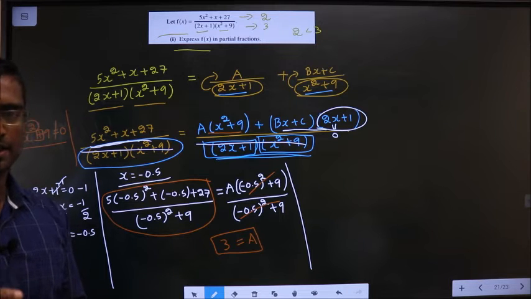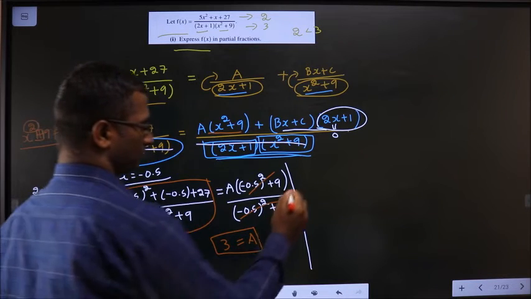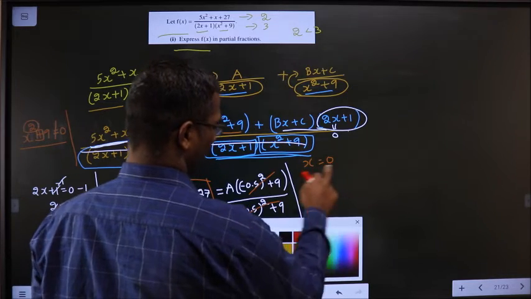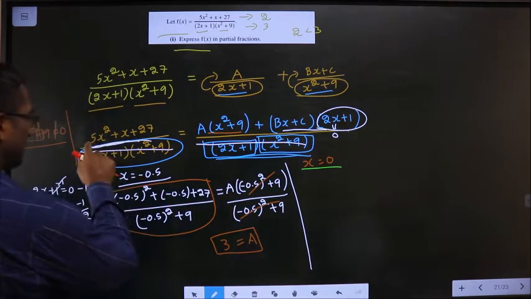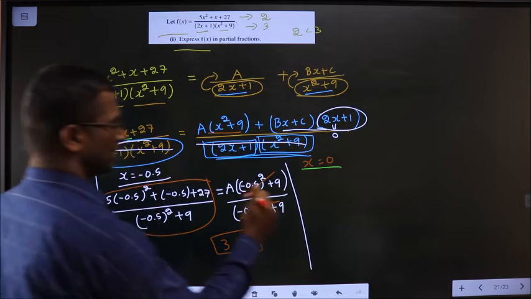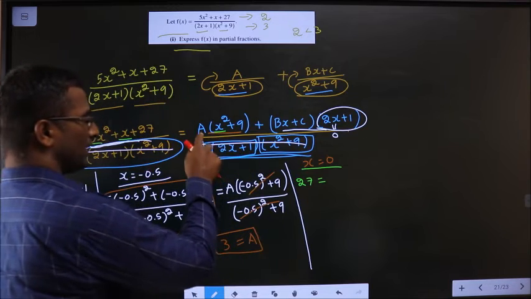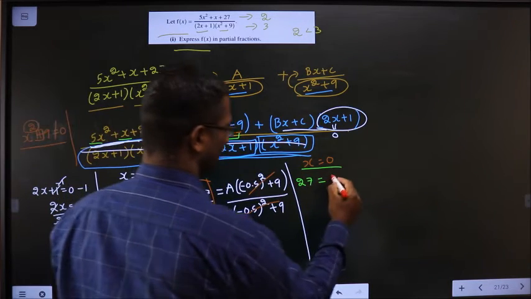Next. So what is the other option? We take x equal to 0. So if I take x equal to 0, so this will be gone, leaving 27 equal to, this is gone, leaving 9a.